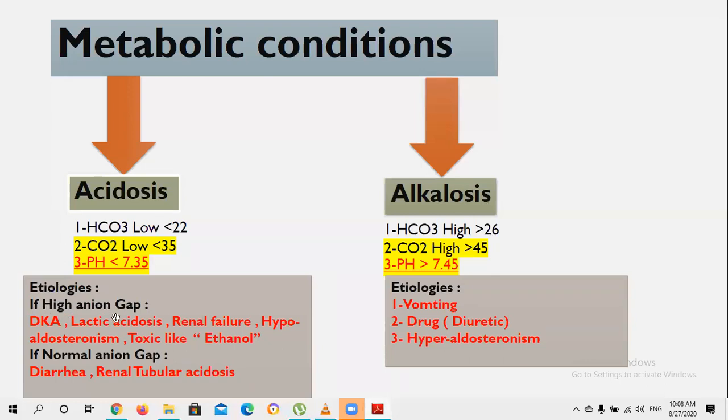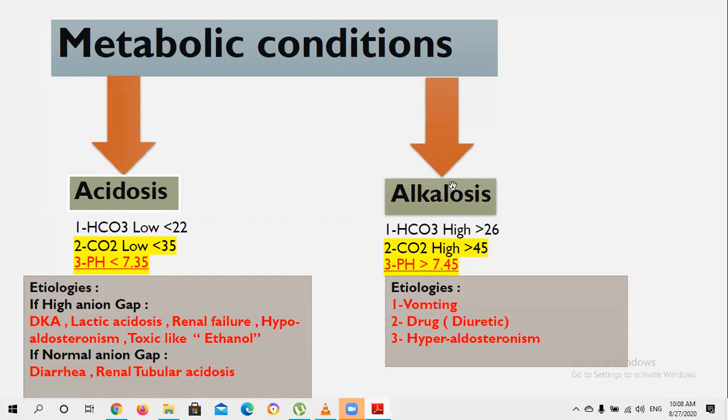If it's high anion gap, we have DKA, diabetic ketoacidosis, lactic acidosis, renal failure, hypoaldosteronism, toxins like ethanol. If normal anion gap, we have conditions like diarrhea, renal tubular acidosis. So this is the case of metabolic acidosis.